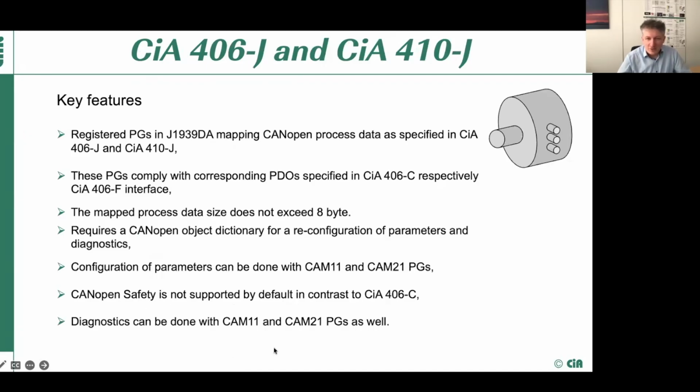I have combined two profiles. The idea behind it was, as Holger said, to provide identical process data in each of the networks. Since our members design CanOpen devices, the only thing needed in these CanOpen devices is the process values needed in J1939.